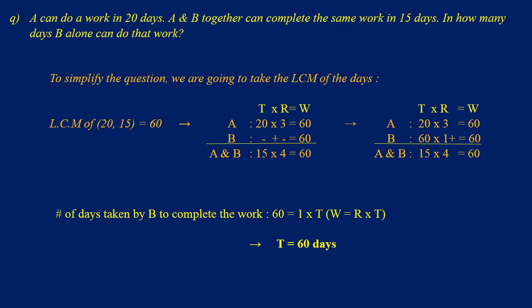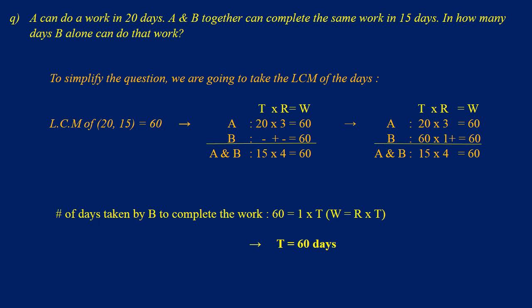Now, we can see that A can do 3 units of work per day to do 60 units of total work. Similarly, if A and B work together, they can complete the same work in 15 days by doing 4 units of work per day.